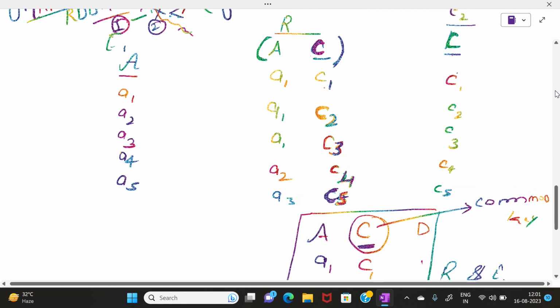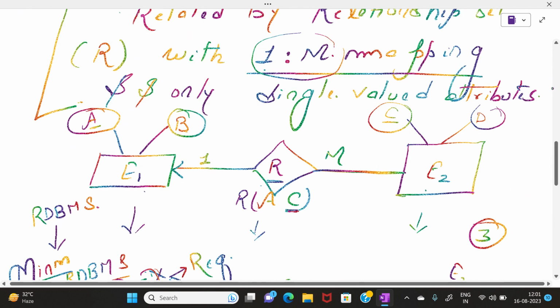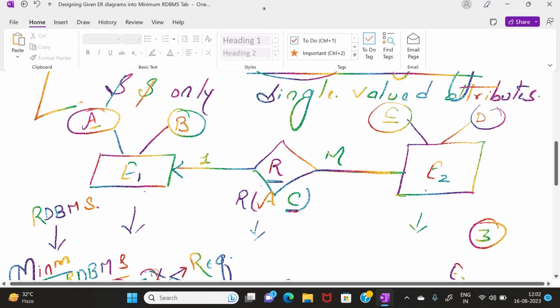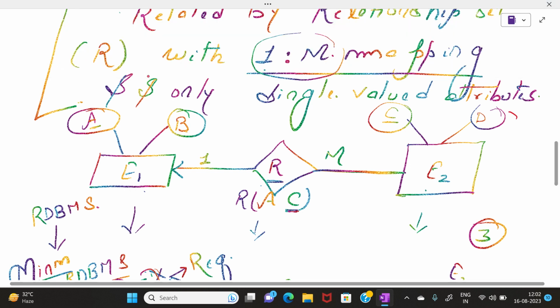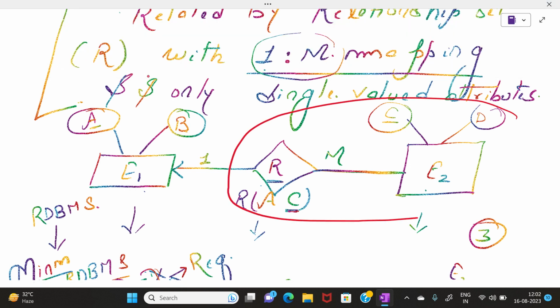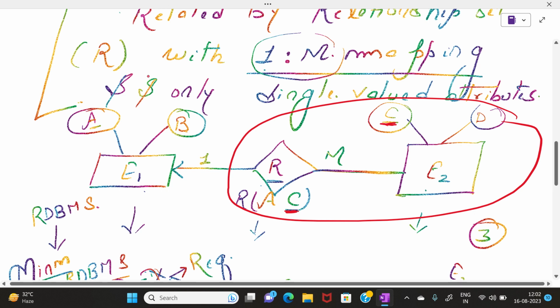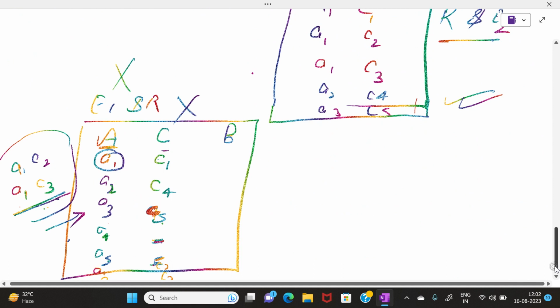Here you need to decide which two tables need to be merged so that we can have the minimum RDBMS table. Hence, from this example, we can prove that R and E2 can be merged together as a single table with C as the candidate key for both of them. So we have two tables now in our RDBMS model, that is E1 and E2R.